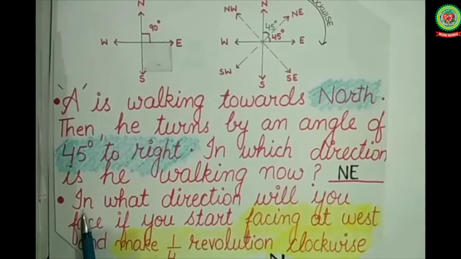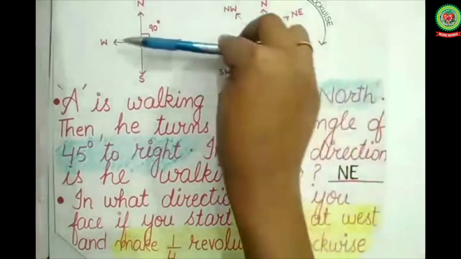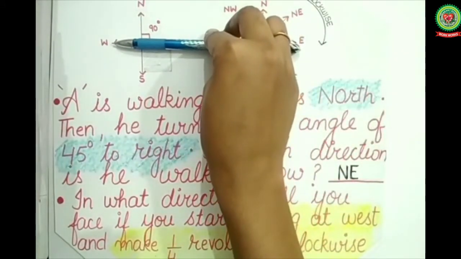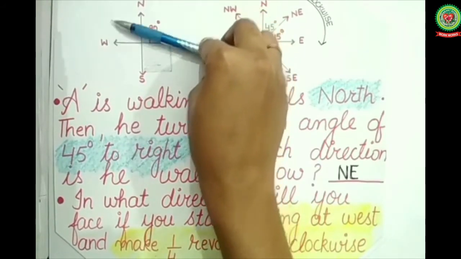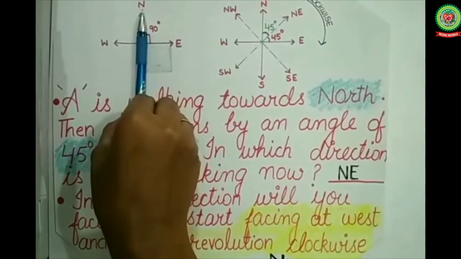Next example is, in what direction will you face if you start facing at west and make 1/4 of the revolution in the clockwise direction? Now students, you can see if initially you are facing in the west direction and you make 1/4 of the revolution, that is quarter of the revolution in the clockwise direction.